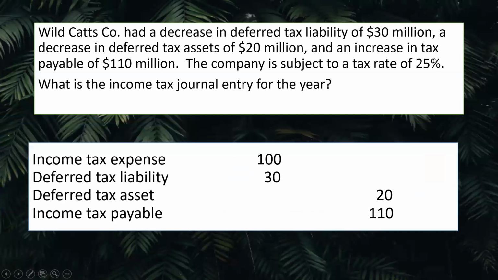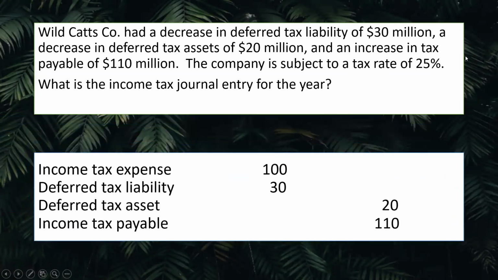So again, we don't care about this 25% tax rate. That's not what we're recording right now. Or it's already calculated in that because it's telling us the tax payable. They've already taken that 25% into consideration. So they give us the income tax payable, which is always a credit to income tax payable when recording the income tax journal entry for the year.